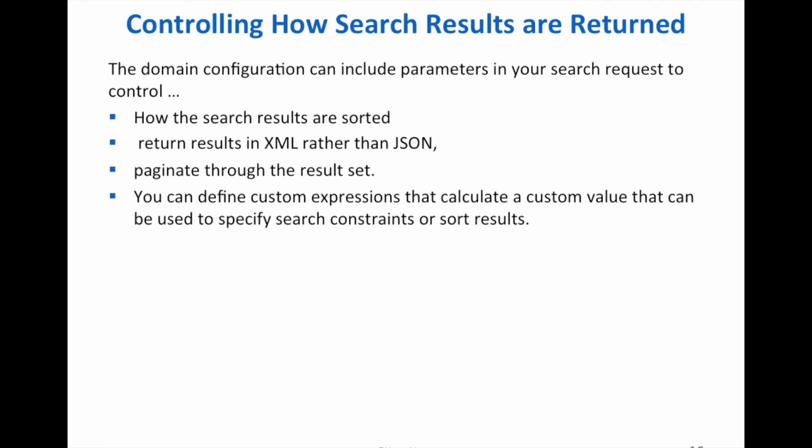You can specify to return the result in XML rather than JSON. You can paginate the result set, and also you have the power to define custom expressions to configure the results to be pretty much whatever you want. You can calculate a custom value that can be used to specify search constraints or to sort the results.